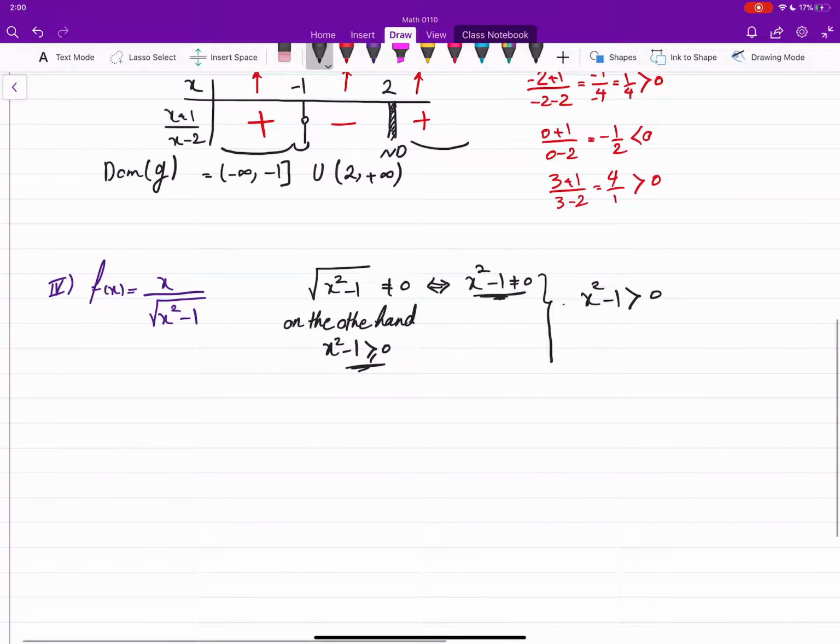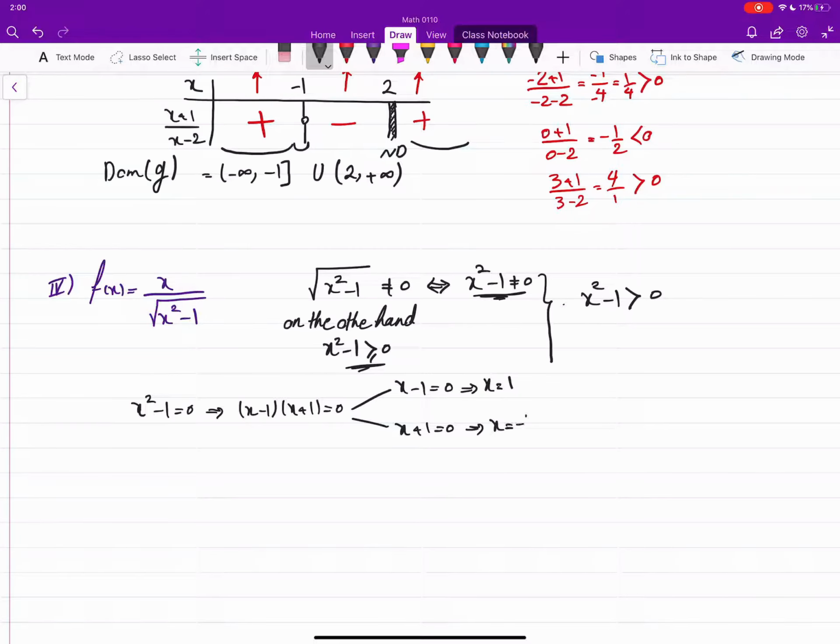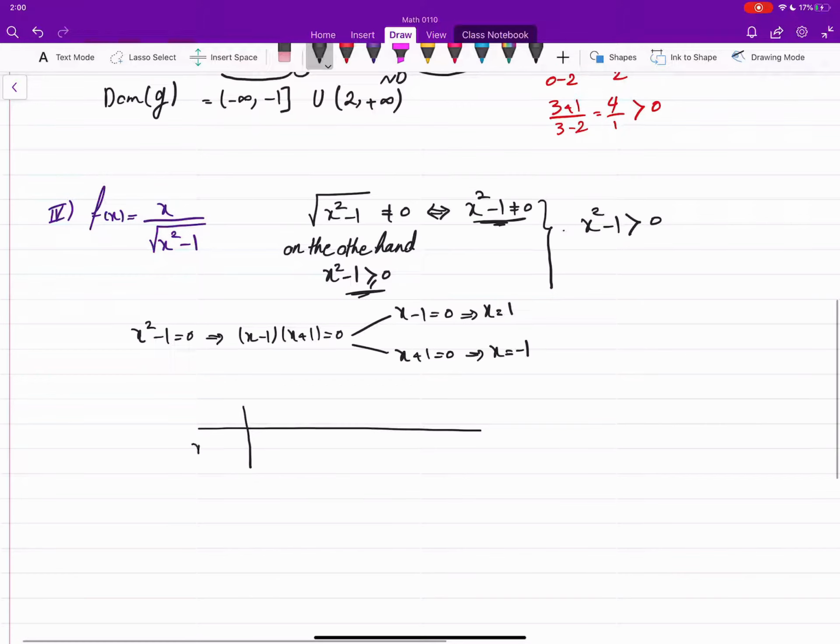Well, again, sign table. Find the sign table of that. Well, x squared minus 1 is 0 means that (x minus 1)(x plus 1) is equal to 0. And that gives me x minus 1 is 0 or x plus 1 is 0. From this, we find the roots. And then we can put x squared minus 1, x here.